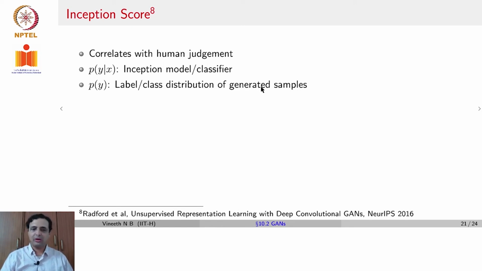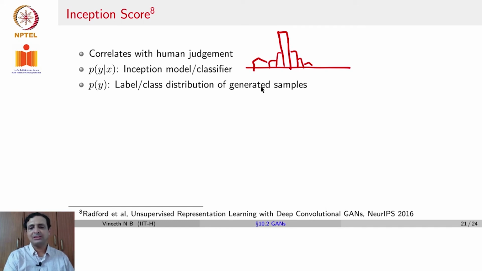What are you looking for here? We ideally want P of y given x to have a pointed distribution. So we'd like one class label, which is say the correct class label, to be very high in the distribution, and all other class labels to have very low probabilities. That's what we'd want P of y given x to be.